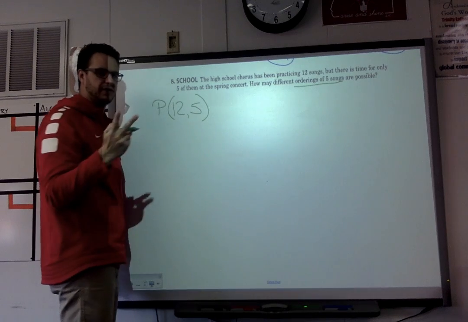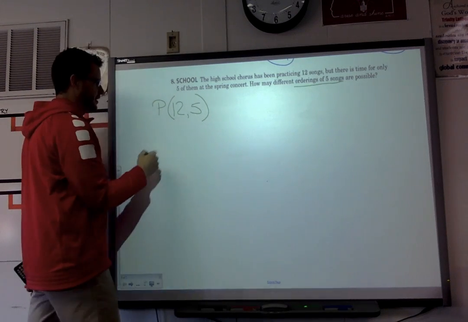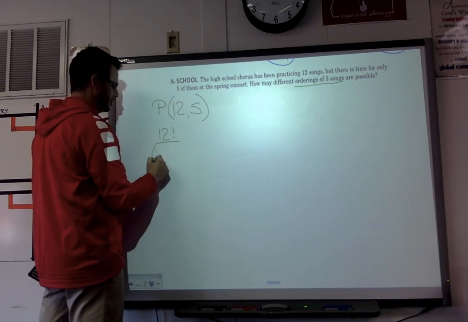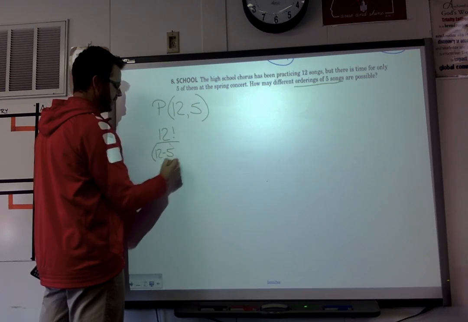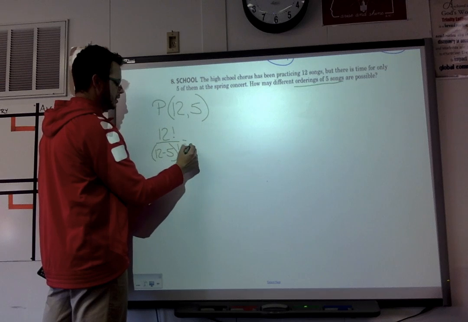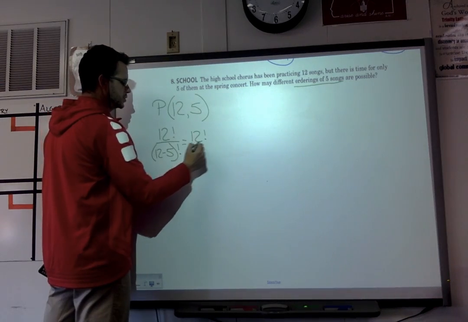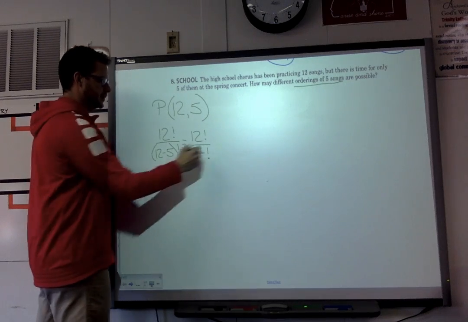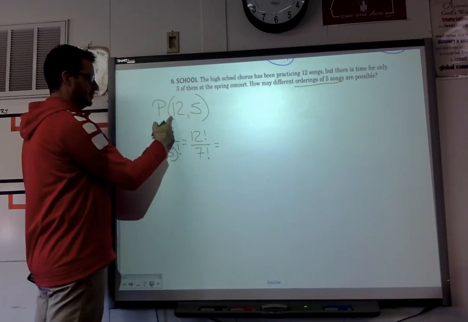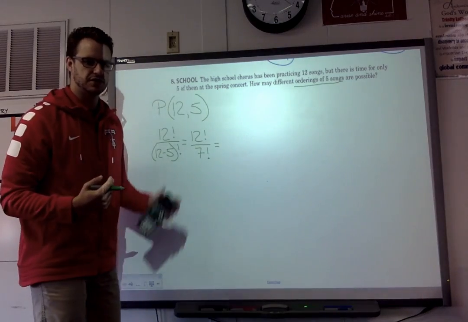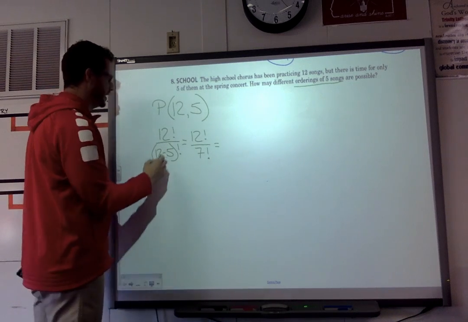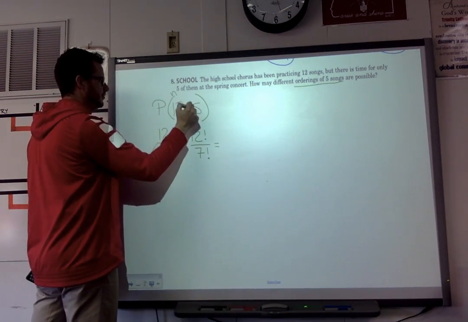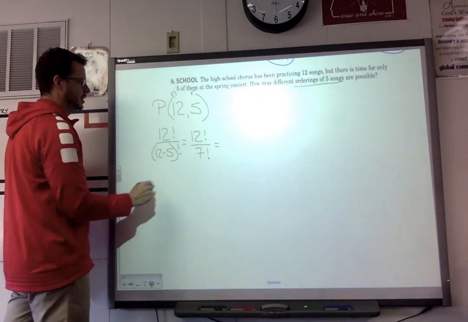So again, 2 different options here if you're using your calculator. You can do 12 factorial over 12 minus 5 factorial, which would give you 12 factorial over 7 factorial. Or, if you want to just use that permutation formula, which is already programmed in your calculator, you would plug in, again, first one is your n, second one is your r.